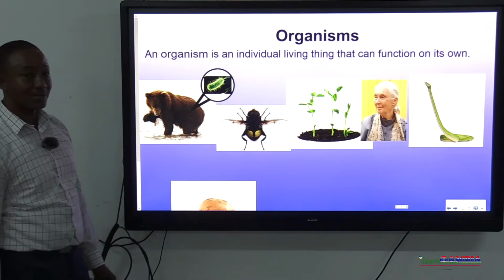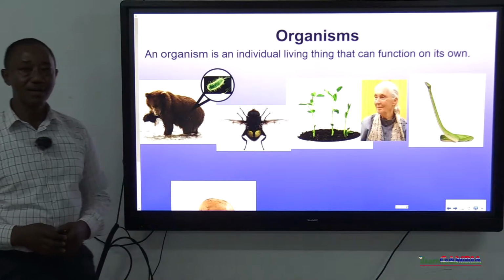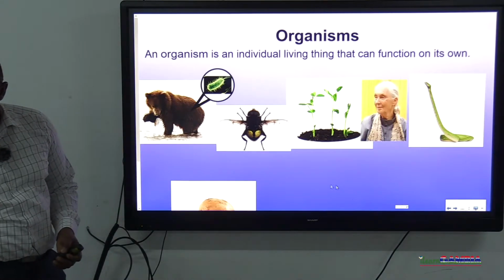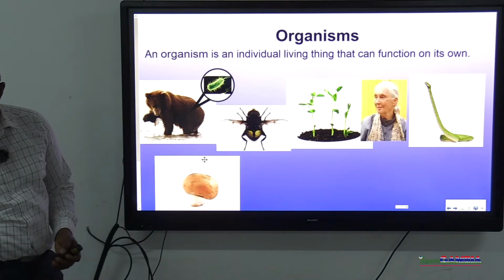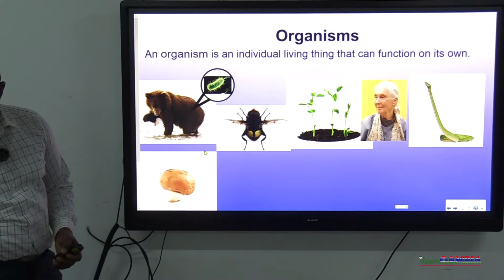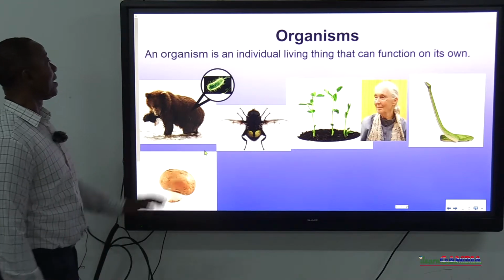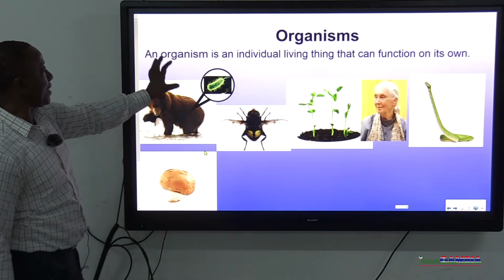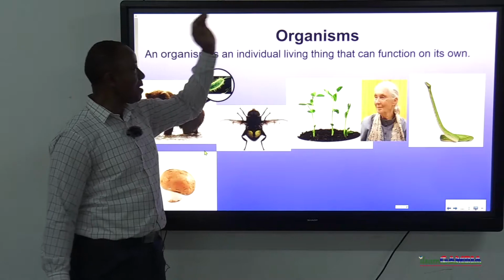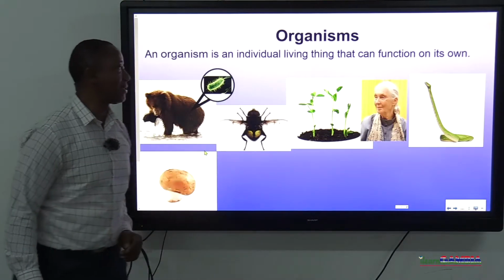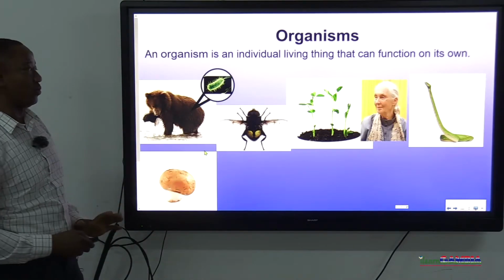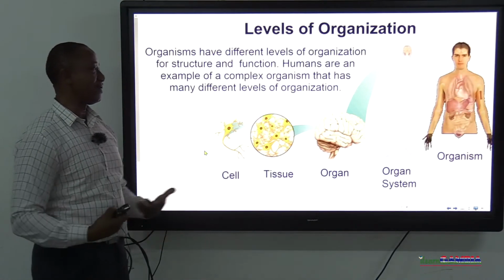So all these things are actually living things. We have this, a fungus. They are also living organisms. So simply understand, an organism is an individual living thing that can function on its own. It's a complete living thing.